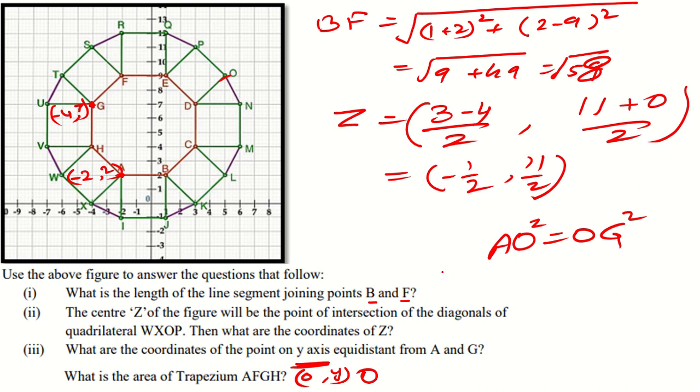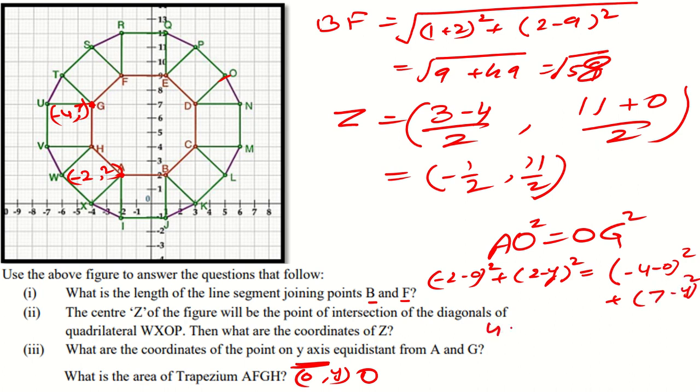So this is (-2 minus 0) squared plus (2 minus y) squared equals (-4 minus 0) squared plus (7 minus y) squared.